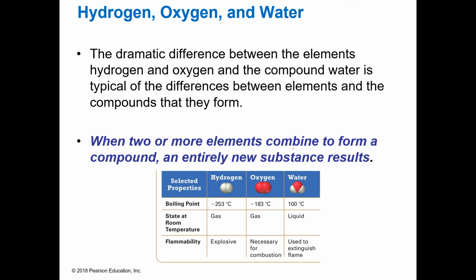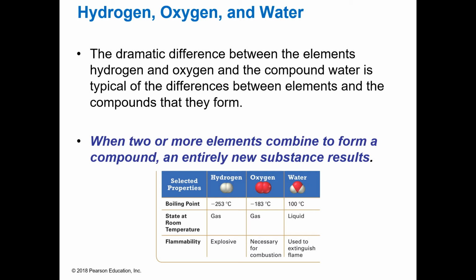All right, when we put our elements together, they're going to combine in whole numbers. And when they combine, they make something completely different. So for example, let's look at hydrogen and oxygen. Hydrogen exists diatomically, so this is H2. Look at the boiling point. It's a gas, and it's extremely explosive under normal conditions.